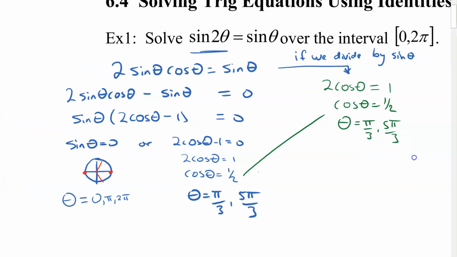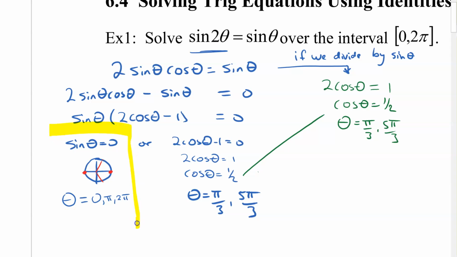So what happens if I do that? Well, I lose this whole section over here, and that part of the solutions is lost. And it's kind of an odd thing that sometimes you think, oh, there's more than one way to solve it. Well, by dividing sine theta from both sides, we lose the situation where sine theta is equal to 0 as one of the solutions.